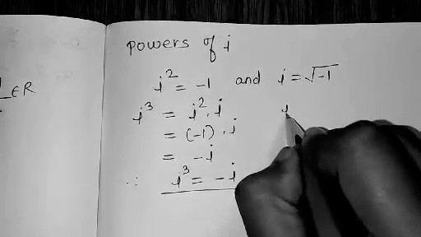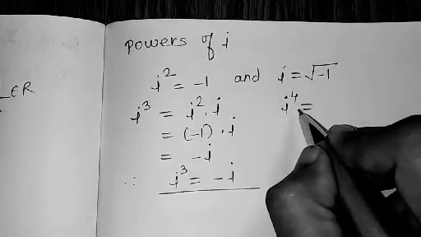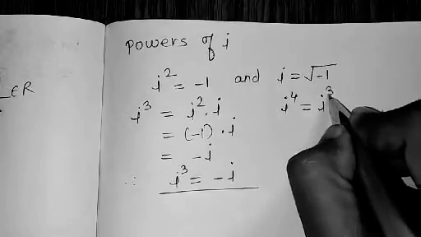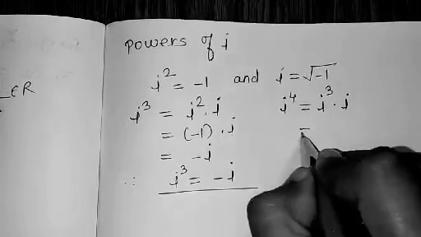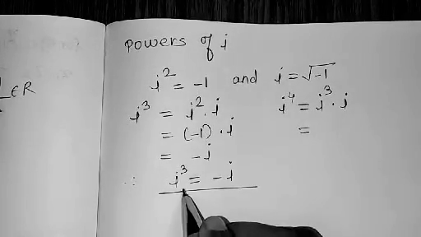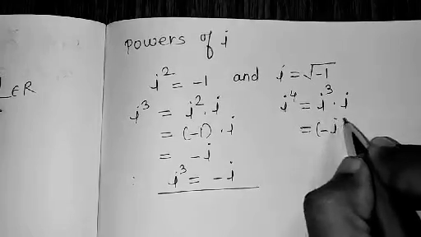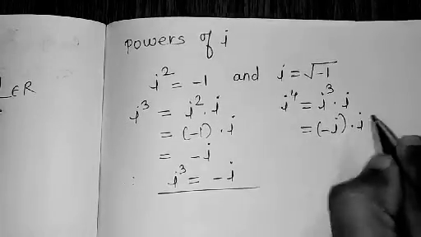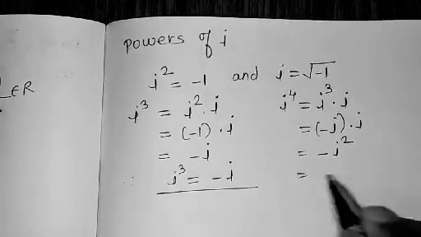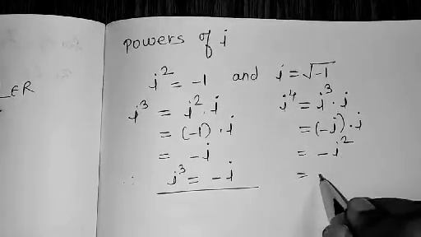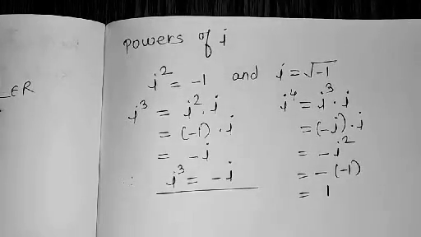Now for iota raised to 4, this can be written as iota cube into iota. From this we know iota cube is equal to minus iota. Therefore minus iota into iota is equal to minus iota square, and this is minus of minus 1, which is equal to 1.